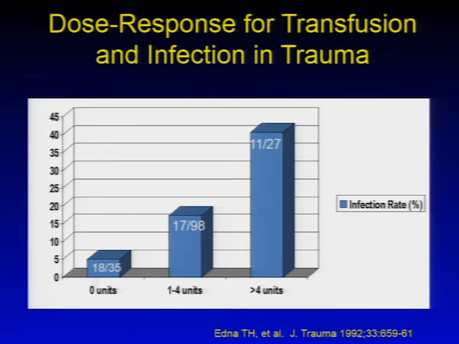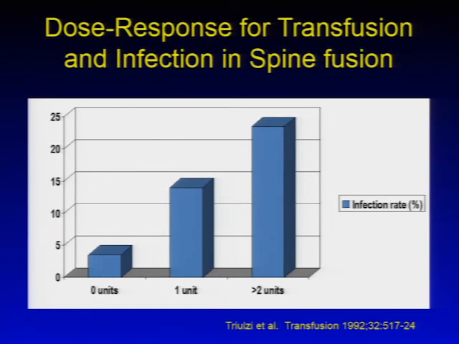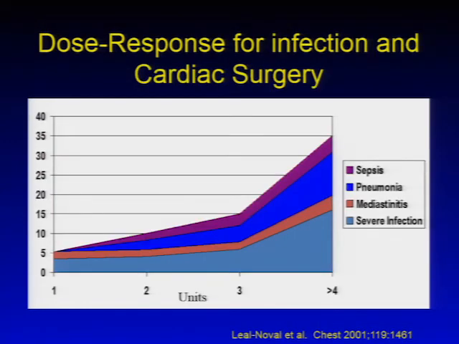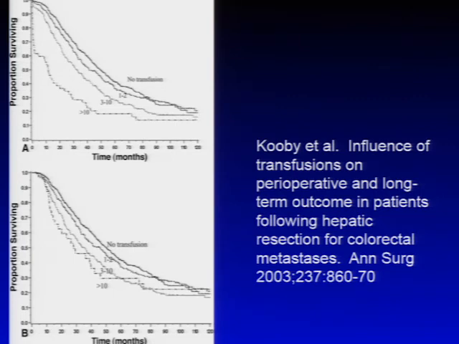I think this graph shows a lot. As the number of units goes up, the amount of infection goes up, whether it's spine fusion, trauma, or cardiac surgery. This is another survival curve that shows the proportion of patients surviving based on the number of transfusion units for patients following hepatic resection for colorectal metastasis.